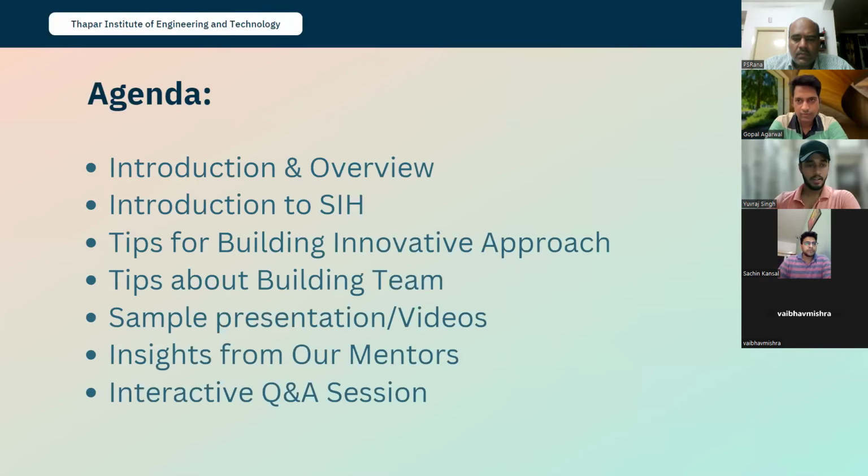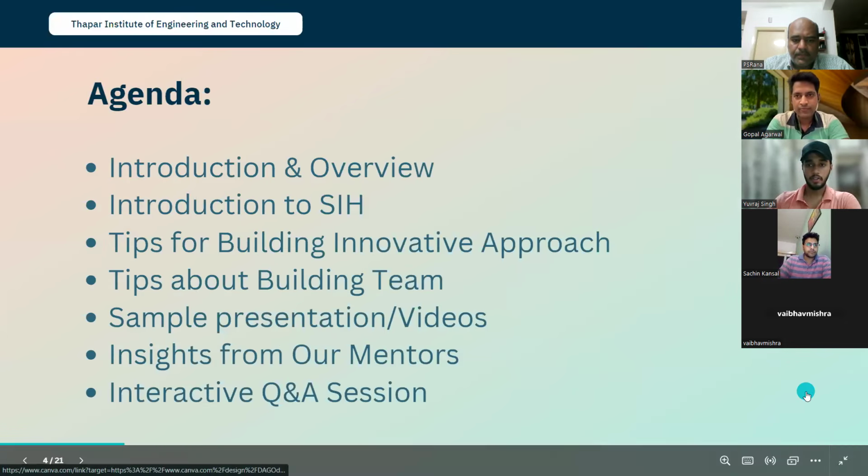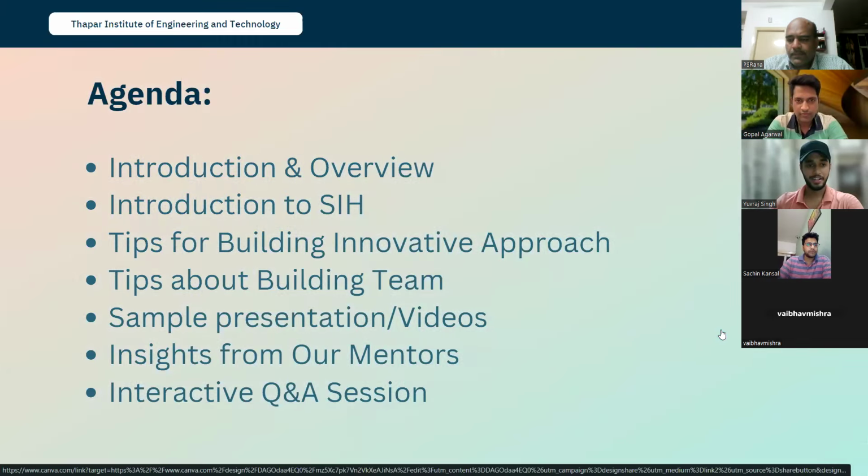The agenda of today's meeting will include the introduction, which my friend Gopal has already given, and then we'll introduce you all to the Smart India Hackathon. Probably most of you know what it comprises, how it started, its history and the guidelines. It is well mentioned on the official website of Smart India Hackathon as well.